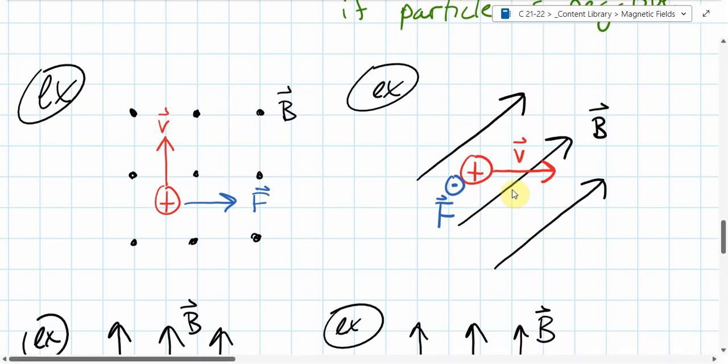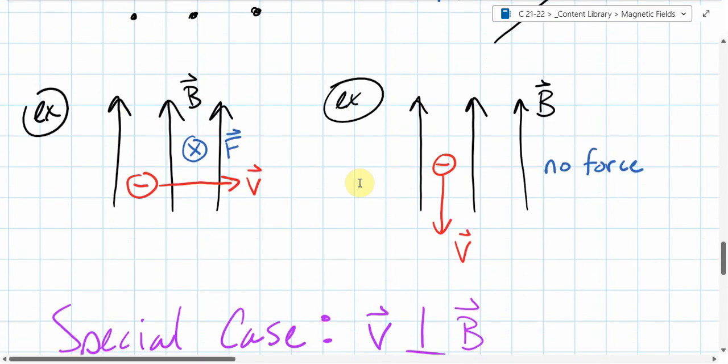This one we have, stick your fingers up and to the right, velocity is to the right, and the palm ends up facing me, and that's a positive charge, so the force is facing me. Okay, here we go. Fingers up, thumb to the right, but it's a negative object.